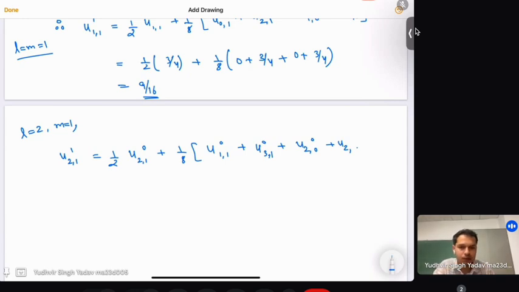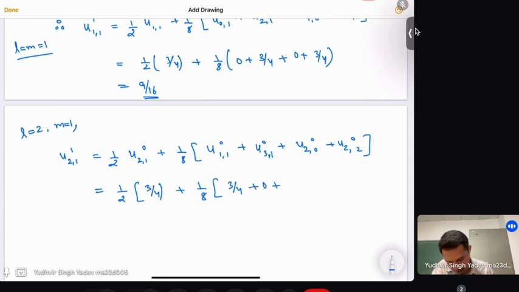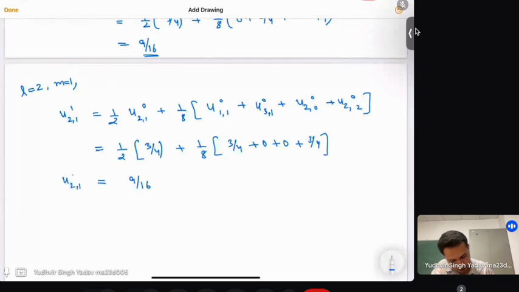So again, we will substitute the known values in this expression. Therefore, we will get 1 by 2 times 3 by 4 plus 1 by 8 times 3 by 4 plus 0 plus 0 plus 3 by 4. So we will obtain again 9 by 16. So the other value is 9 by 16.